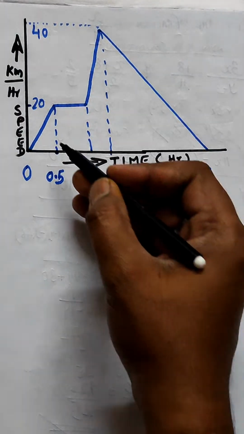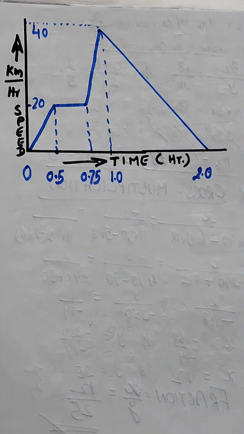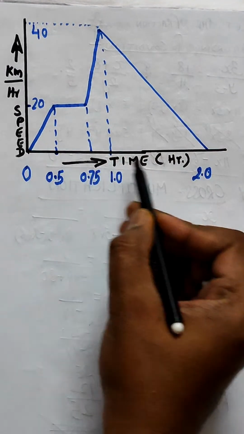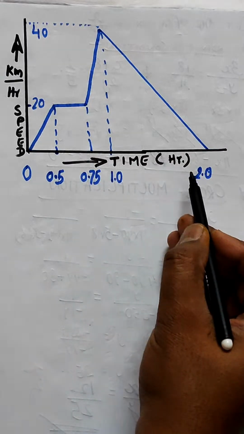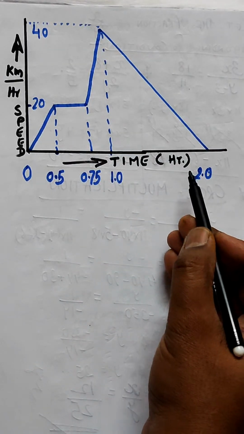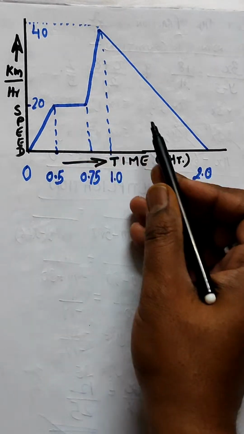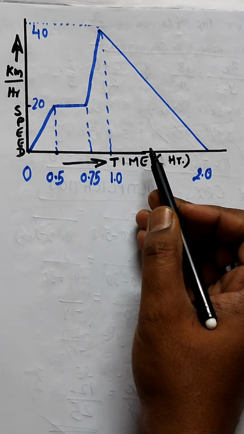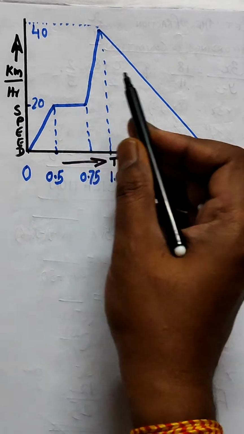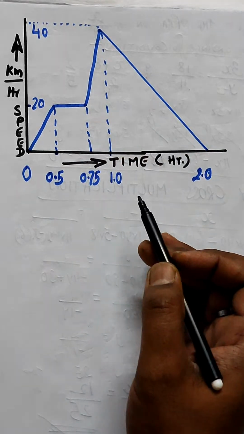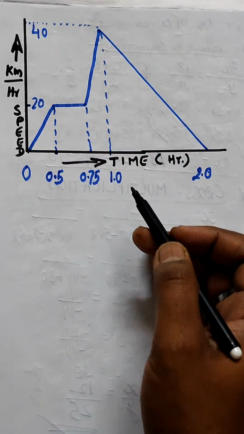Here the train moves from one station to another in 2 hours of time. So from 0 to 2, a total of 2 hours is taken by the train, right? And this is shown in the graph. Its speed during the motion is shown in the graph. Determine the maximum acceleration during the journey.